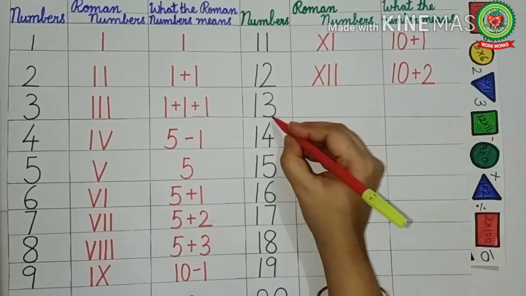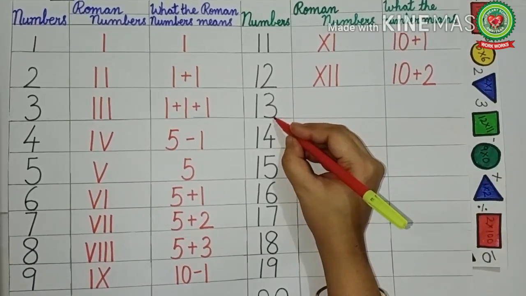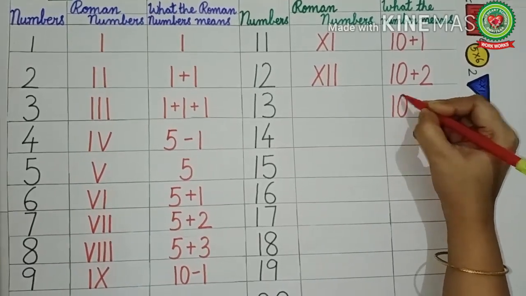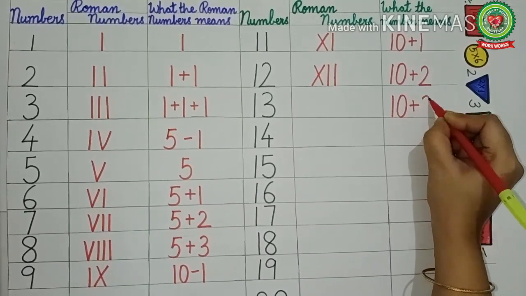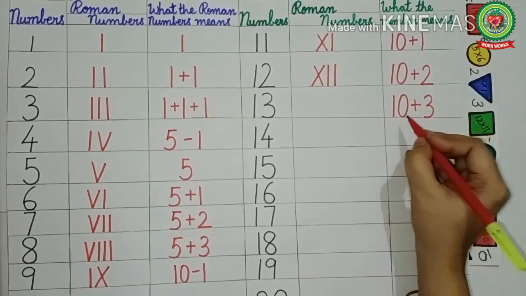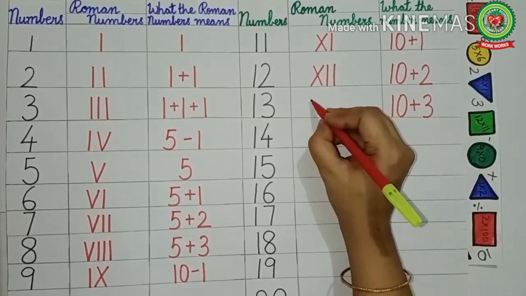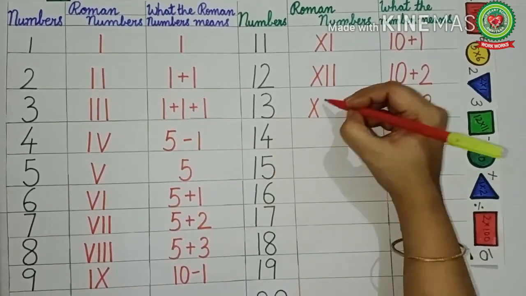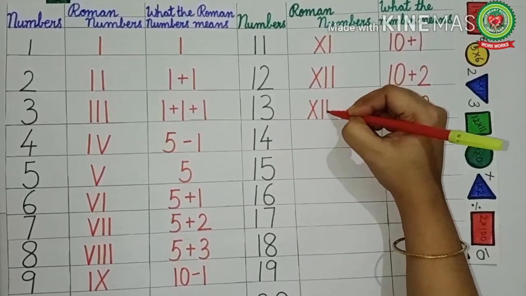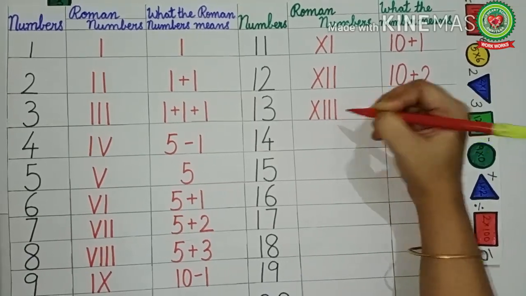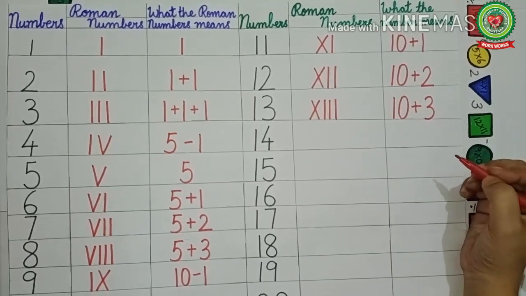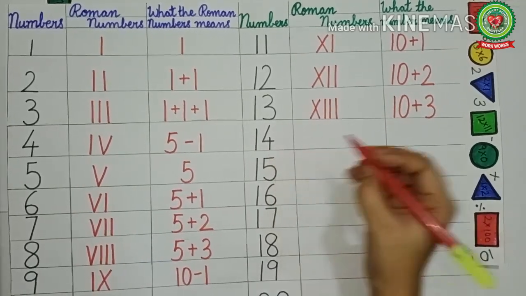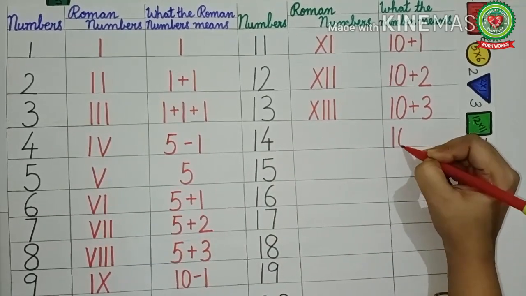Now next is 13. Same way. 13 means 10 plus 3. Again tell me, how do we write 10? That is X. How do we write 3? That is I I I. Very easy. Now next is 14. Again same rule. 14 means 10 plus 4.